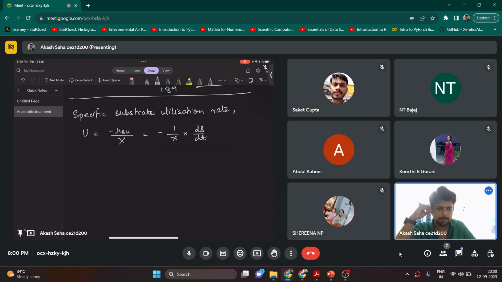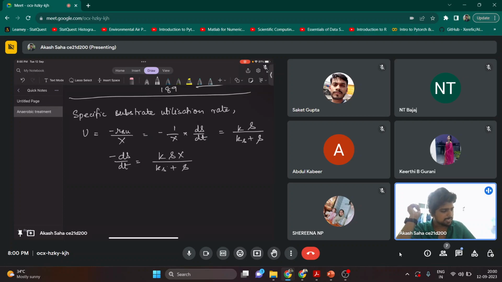That is how much S is being consumed, and with the help of Monod's equation, this particular thing can be written as S by Ks plus S. Okay, so we can get that minus ds by dt will be equal to kSX, X will go to that side, divided by Ks plus S.